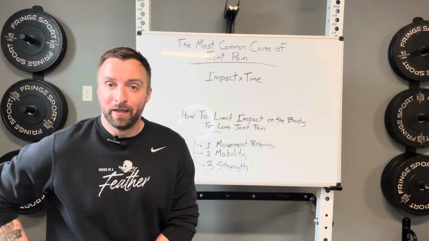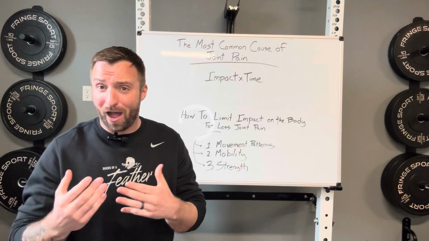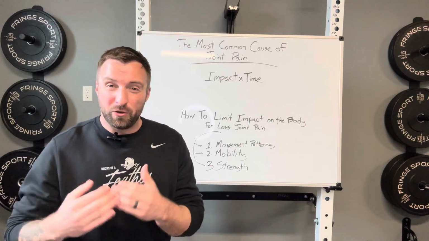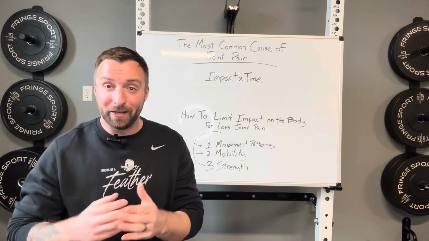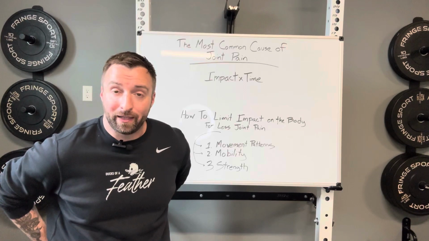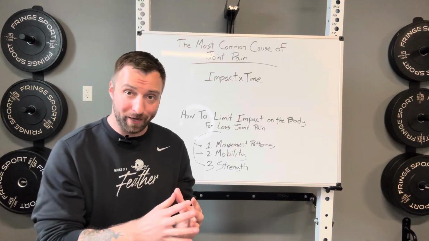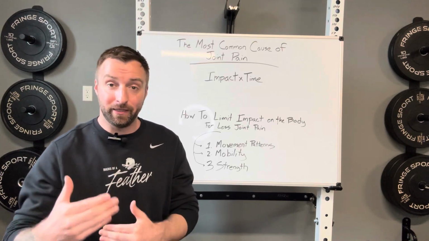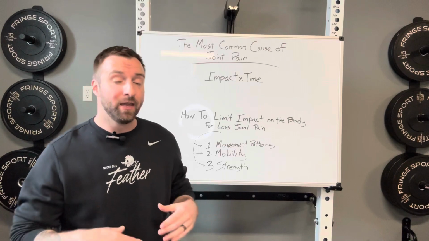If you have stiff hips and you're trying to do certain movements like a squat or even just sitting down, and you don't have that full range of motion in the hips, your body's going to compensate and you're going to sacrifice some of the stability in your lower back. That means more impact goes through the structures of your spine, which over time is going to lead to pain. So that's why we want to make sure that all of our joints have adequate mobility.